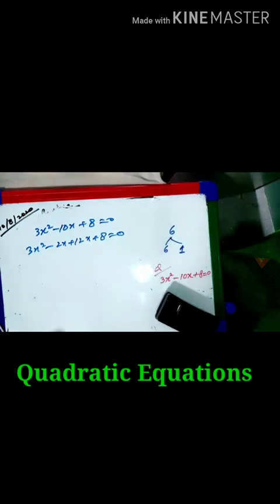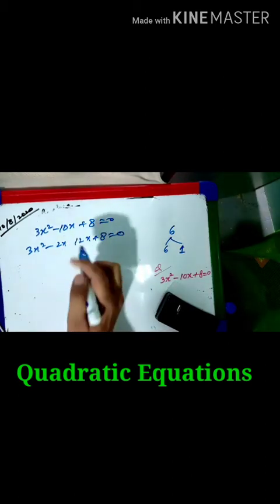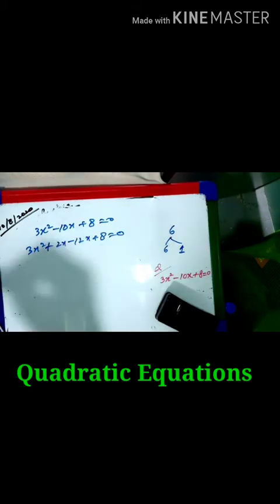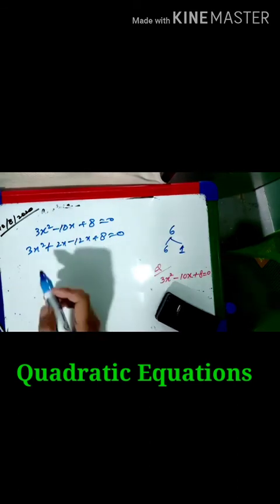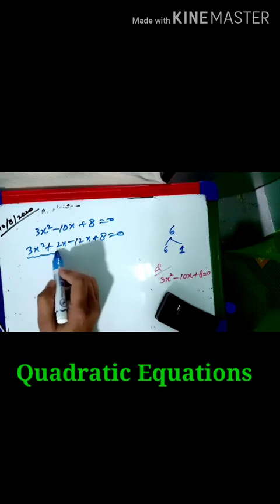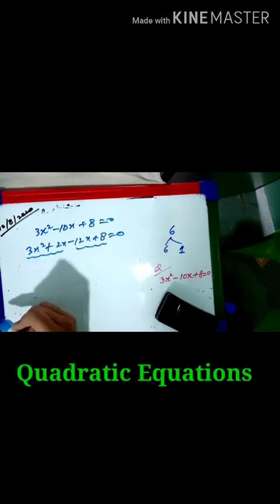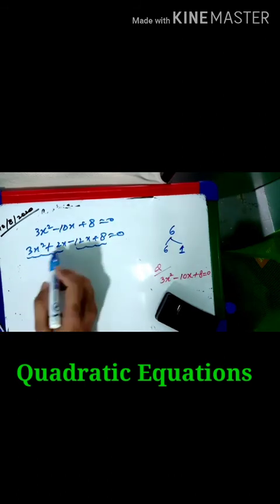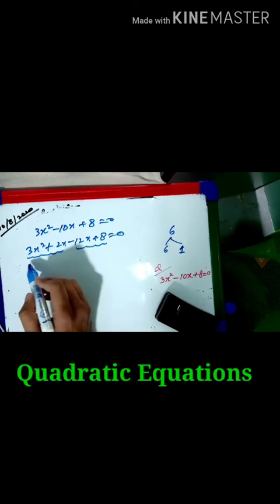Got it? Because no, I made a mistake in sign. I should write minus over here and plus over here. So I will get now minus 10. It's very important, managing the sign. Now if I take this one and this one, I take x as common, so 3x plus 2.